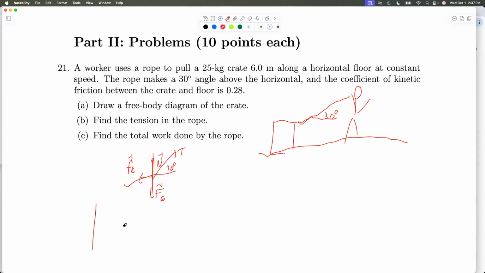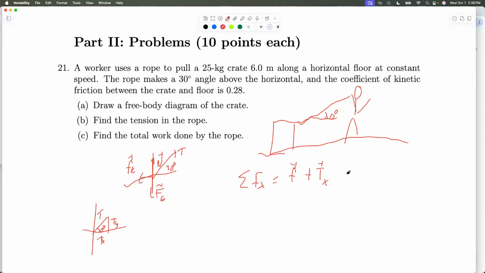All right, so that tension force, 30-degree angle, here's tension. We're trying to find the tension. So here's my Y component, here's my X component. The sum of the forces in the X direction will be Fk, which we know is negative, so I'm writing that as a vector, plus Tx, which will be positive.